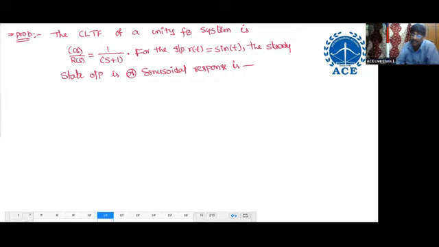Just find the magnitude and phase, and you'll get the answer.